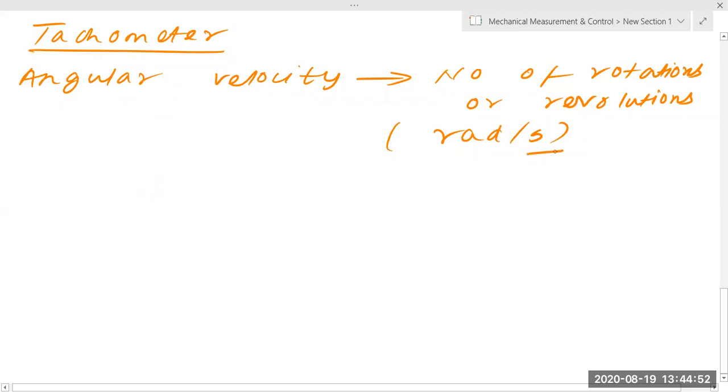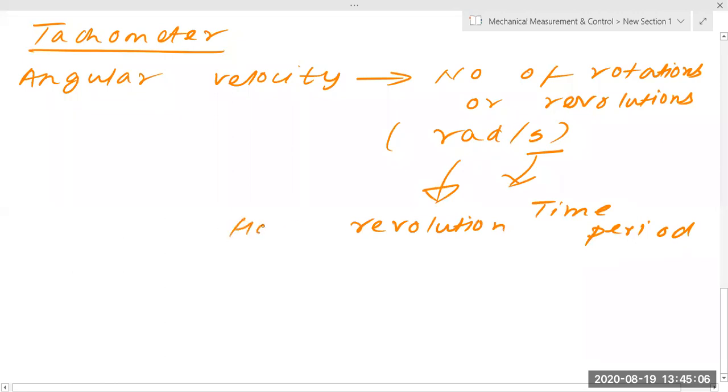Time period is very important. Another thing is radian, or more like revolutions. How many revolutions? This is one thing that you need to measure when using a tachometer, and for what time period. If you know these two things, you can measure angular velocity.